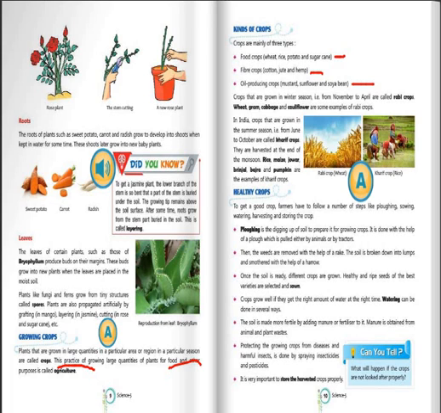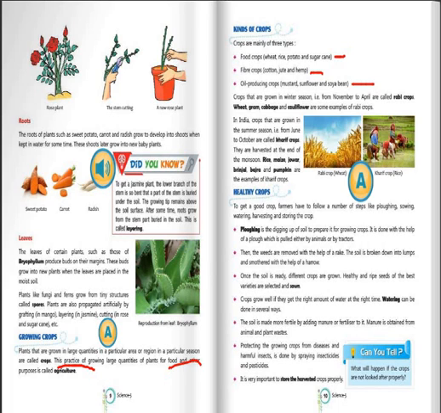Now let's see what rabi crops and kharif crops are. So the crops that are grown in the winter season, that is from November to April, are known as rabi crops. A few examples of those are wheat, cabbage, cauliflower, and grams.